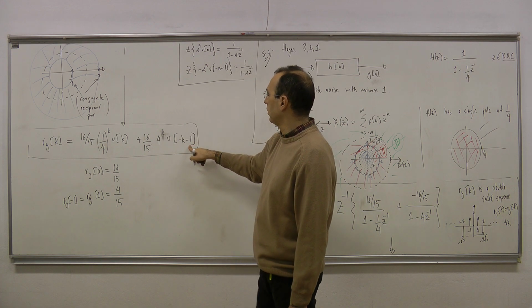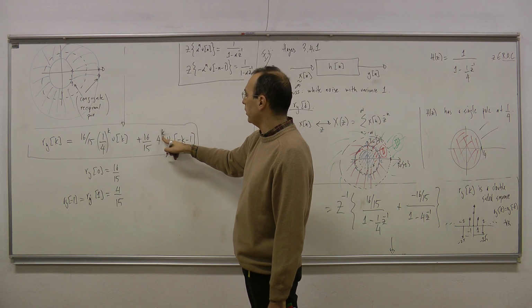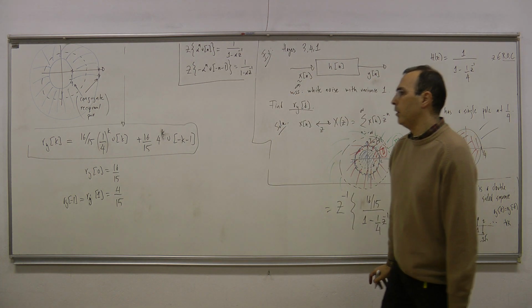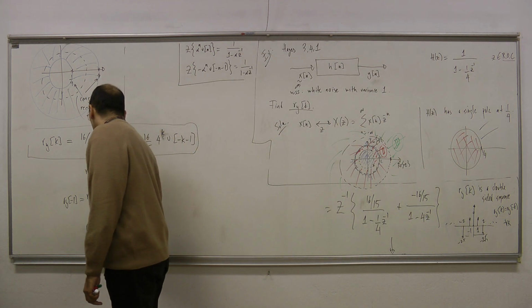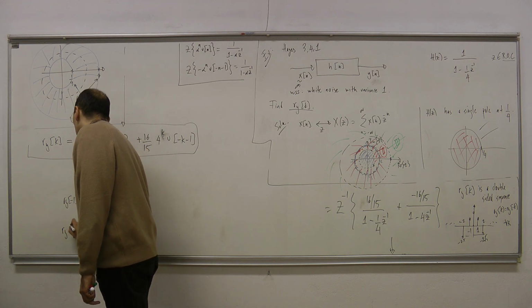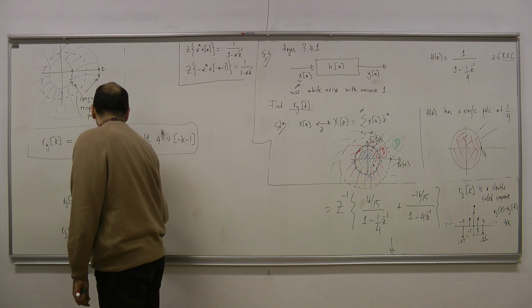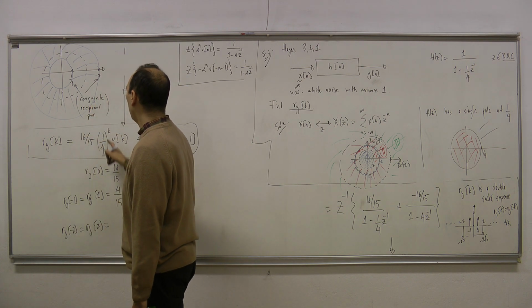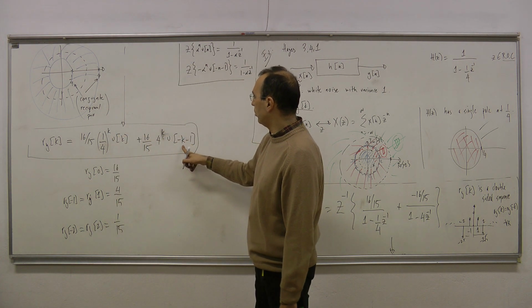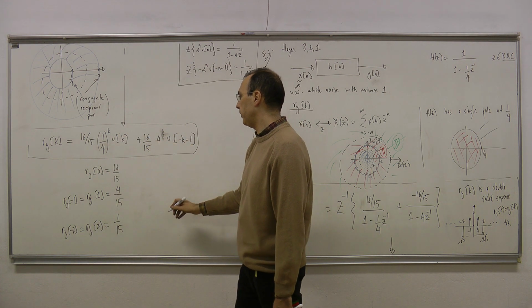This is 1. This is minus 1. Okay, 4 over 15. At least that matches. Then Ry of 2 is, this is supposed to be minus 2. And if I have 2 over here, 1 over 15. If I have minus 2 over here, again 1 over 15.